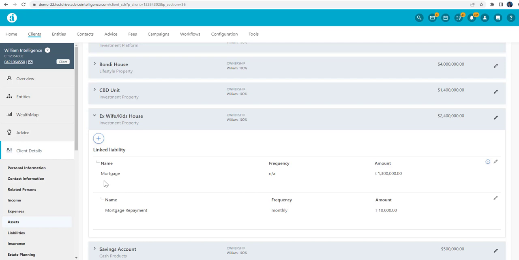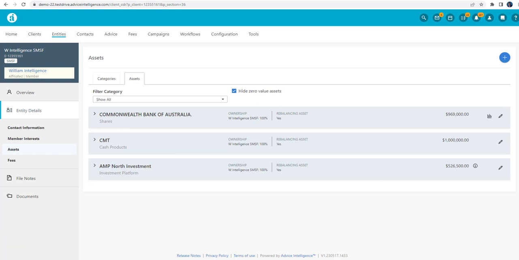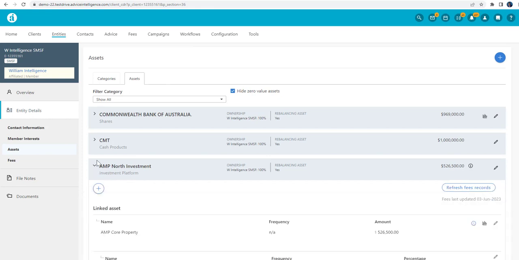William also has an SMSF, and once again, unfortunately for him, the assets within the SMSF don't reflect his risk appetite.